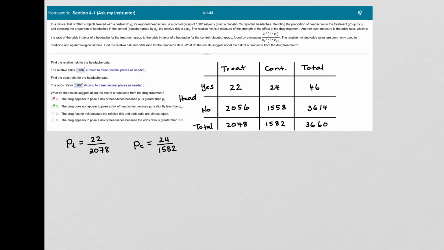So, first question is, what is the relative risk? And they tell us up here the relative risk is PT divided by PC.